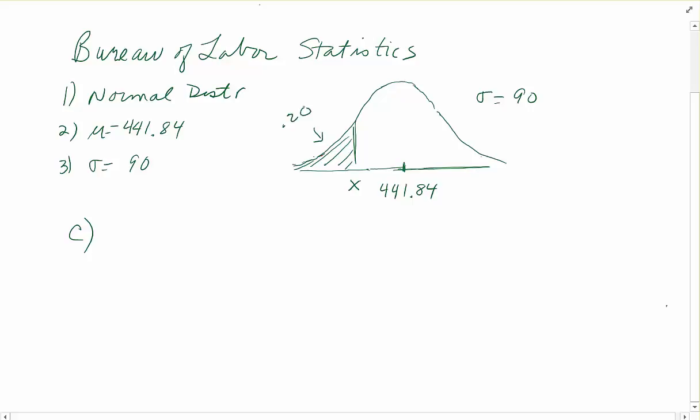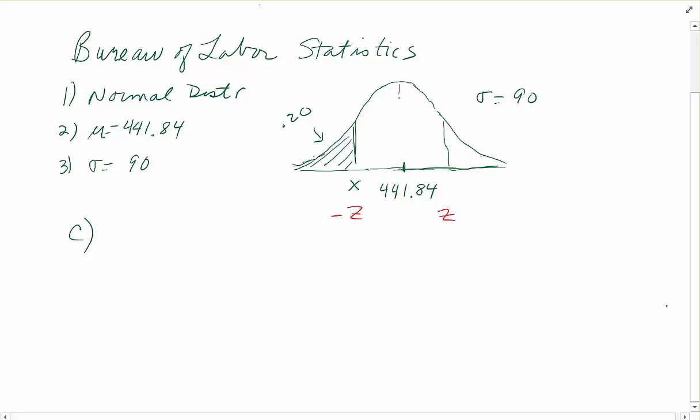To find the X, as you've seen in other examples, we have a z-score formula that relates everything here. The mean, the standard deviation, the z-score, and a particular value of the random variable. And we're looking for this X. If we can find its z-score, then we'll be able to solve the problem. Now, X is going to be to the left because they're talking about the lower 20%. So that would be a negative Z.